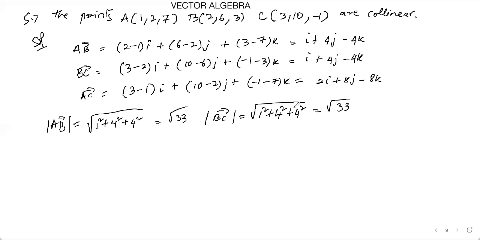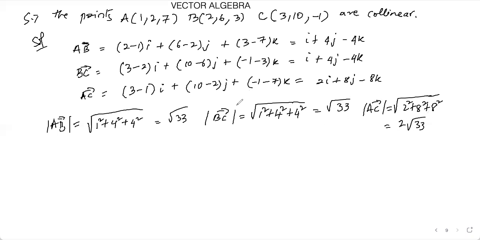And the last one, AC: 2 square, 8 square, and 8 square, so this will result to 2 root 33.